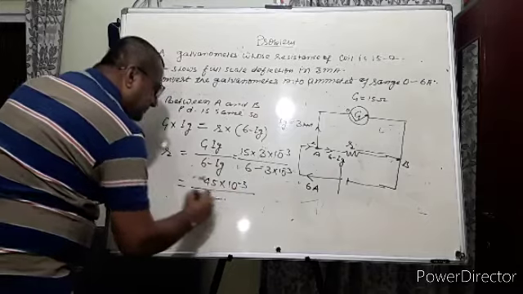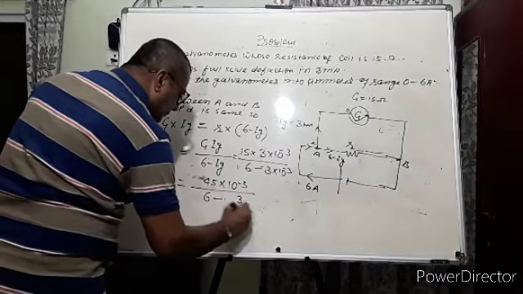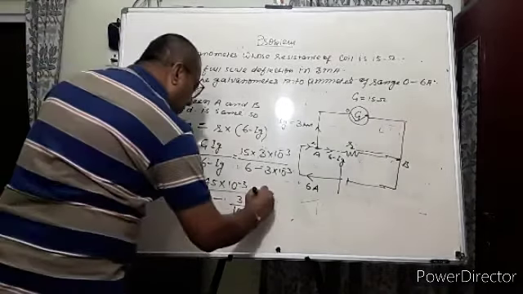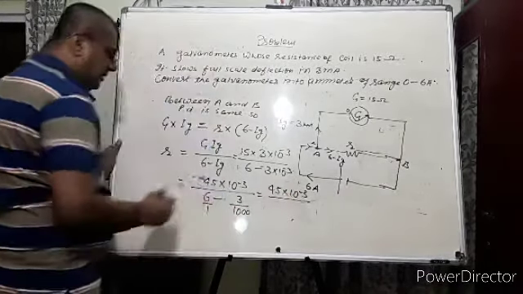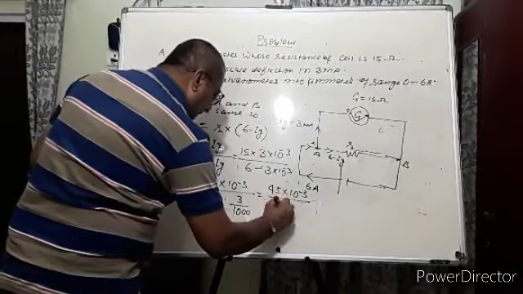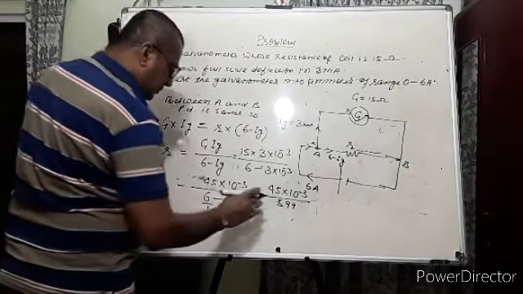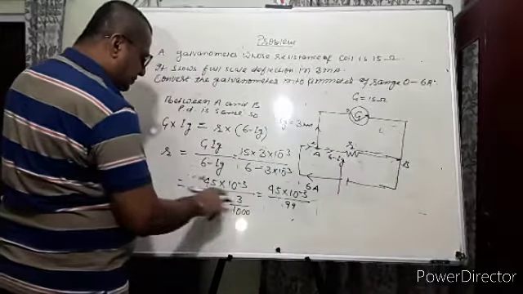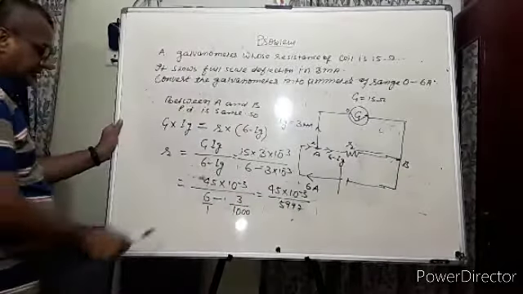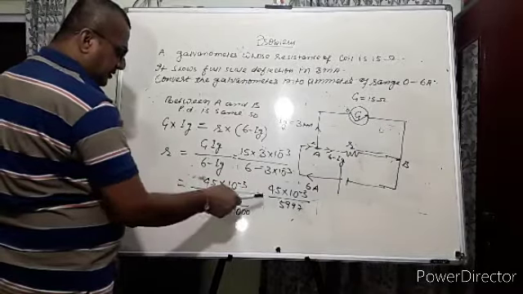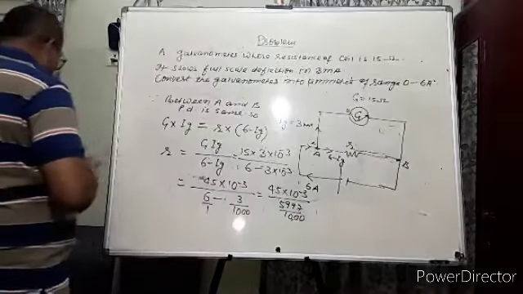Now 6 minus 3 by 1000 is 6000 minus 3 over 1000, that is 5997 divided by 1000. I think it is clear. Now it can be calculated.